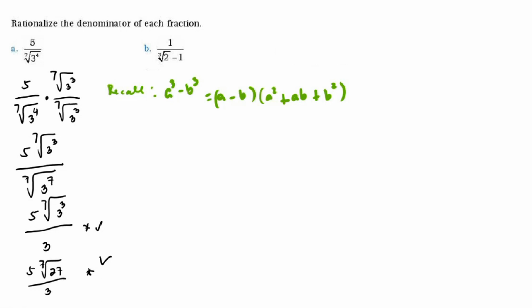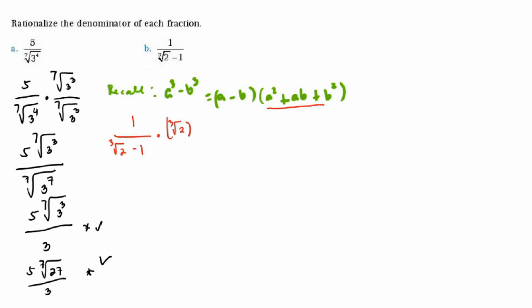Now we are going to rationalize. So we have 1 over the cube root of 2 minus 1. This can be rationalized by following this one. So we have the square of the first term. What is our first term there? We have cube root of 2. And what are we going to do with the first term? We are going to square.